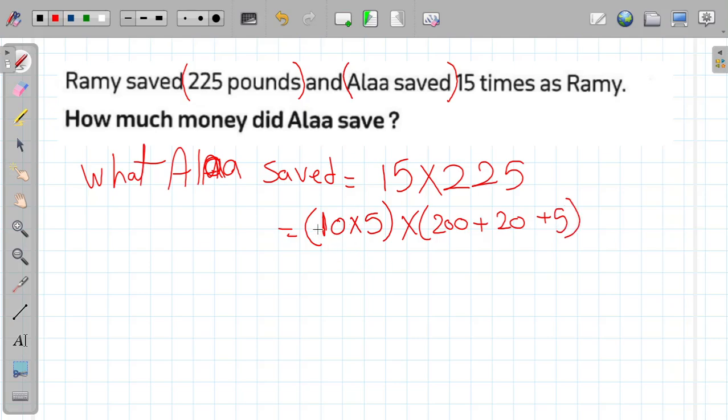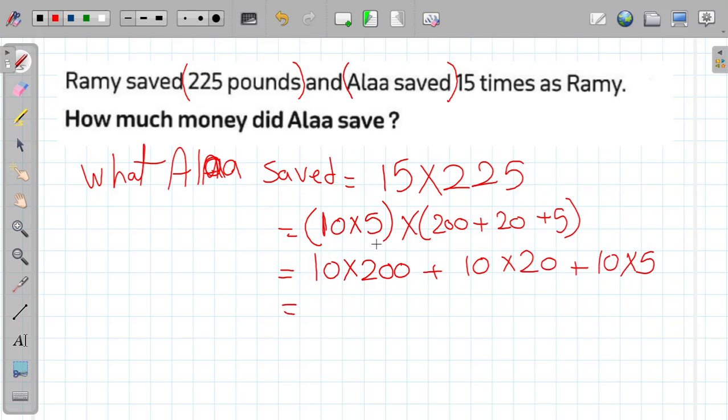So I will start with 10. 10 times 200, 10 times 20, and 10 times 5. The first one is 10 times 200, the second one is 10 times 20, and the third one is 10 times 5.